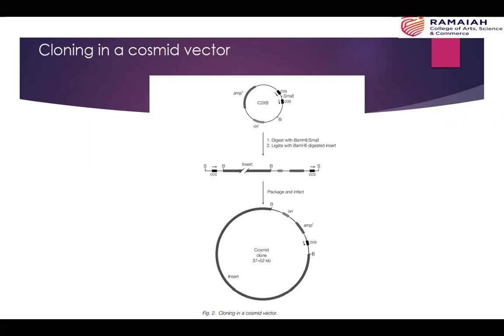That's the reason these cosmid vectors had been developed to accommodate larger fragments of DNA. These are called cosmid vectors because they utilize the COS sites of the phages, and they also have all the properties of the plasmids.